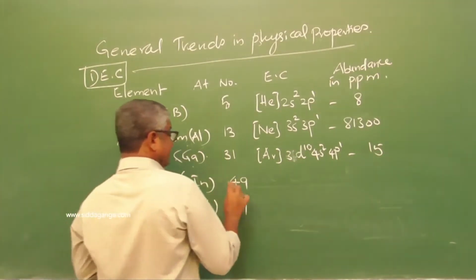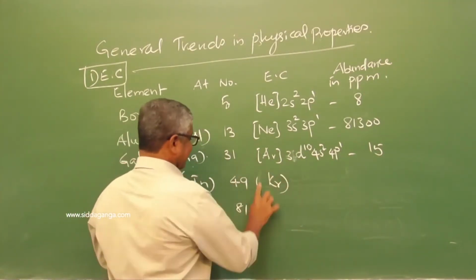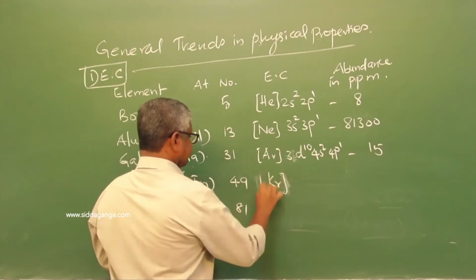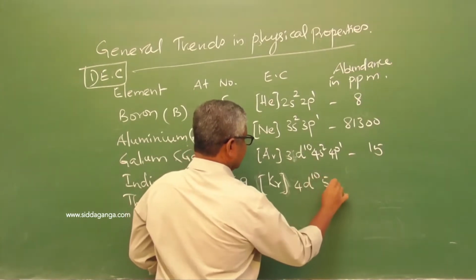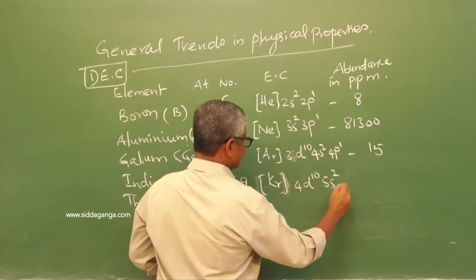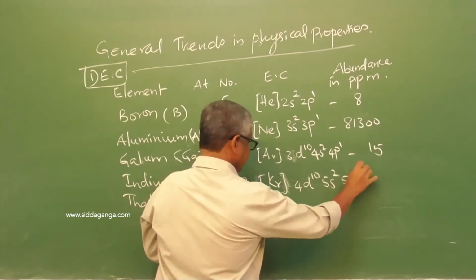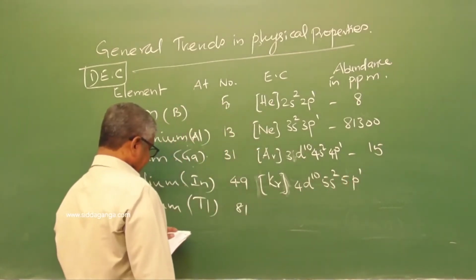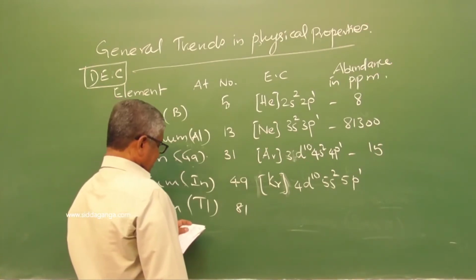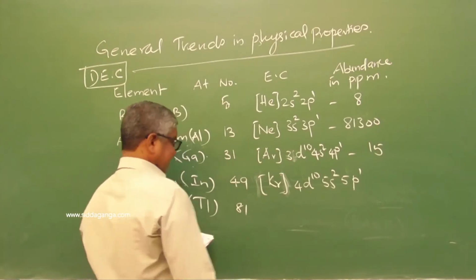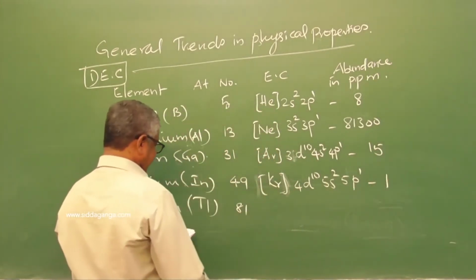Indium atomic number 49, krypton core 36, 4d10 5s2 5p1. Its abundance is 1 part per million.